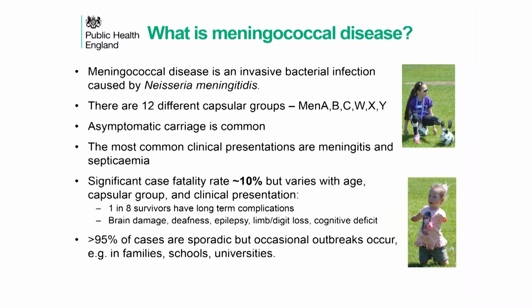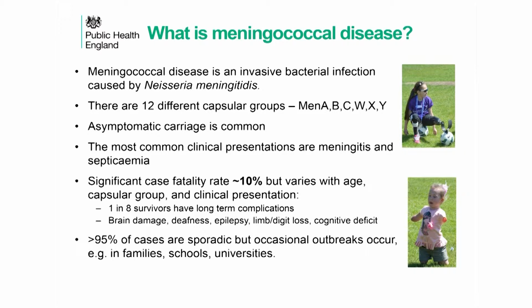And of course, that is partly the high associated case fatality rate, which is around 10% overall, but this varies based on a number of factors such as age, capsular groups, so we see higher fatality rates with C and W, for example, compared to B, and also with clinical presentation. So if you present with septicemia, you have a far greater risk of dying from that disease.